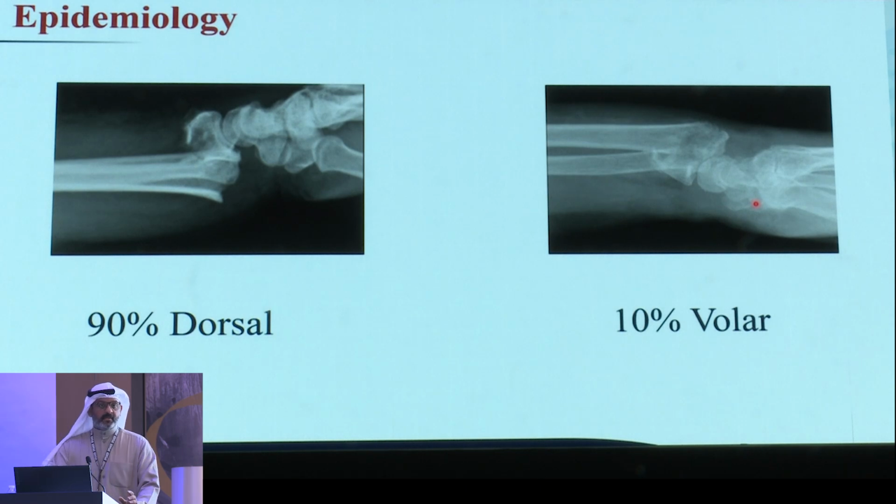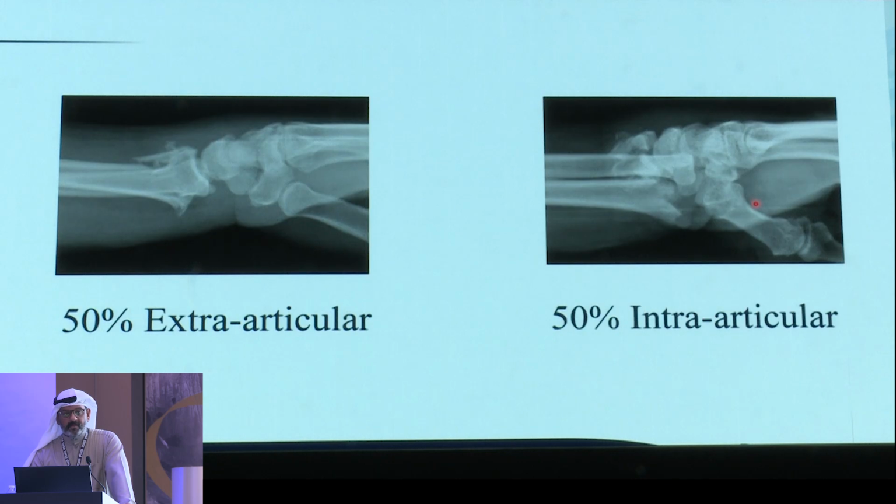So let's go through some epidemiology, just to remind ourselves about the epidemiology of distal radius. 90% of them are dorsal and 10% are volar. 50% of them are intra-articular.